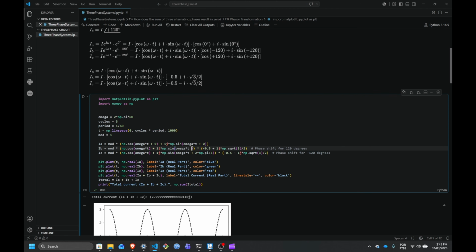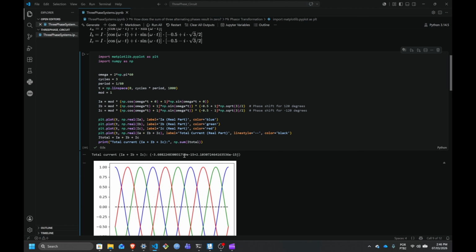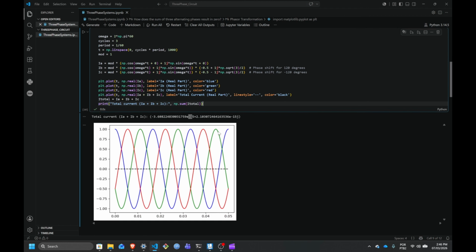We can put it in one single formulation, but I divided it here, so we're going to remove the phase here to be like the LaTeX that I put. Like that, we can see it is a number elevated to exponential of minus 15, so this is totally zero.